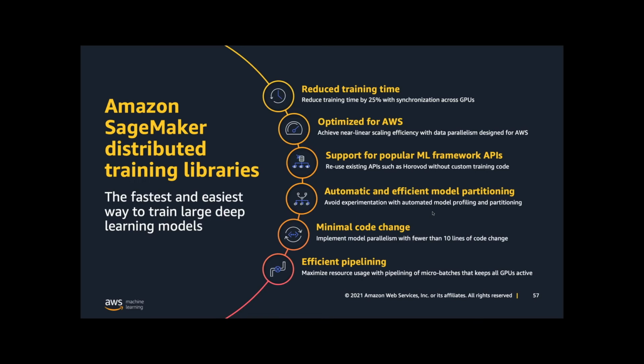Just so you know, as one example, there is a benchmark training a CNN, convolutional neural network, on a P3dn.24xlarge that runs 25% faster on SageMaker compared to Horovod. Just so you know, right? And at the same time, it's going to be cheaper.